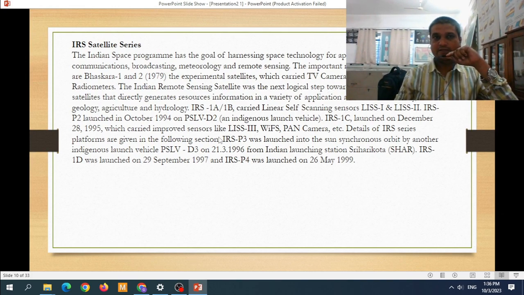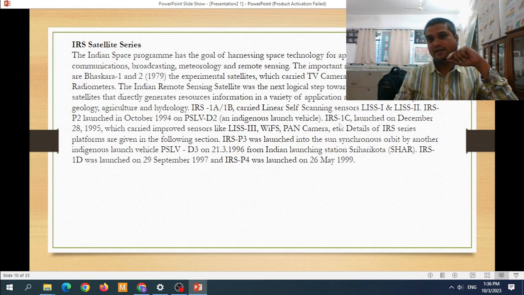Then another is for hydrology and agriculture purposes, IRS 1A and 1B, which carried the Linear Imaging Self Scanning sensor, that is LISS 1 and LISS 2, and IRS P2. This is the sensor. You have already learned about the sensor, launched on the PSLV in 1994, the Polar Satellite Launch Vehicle.